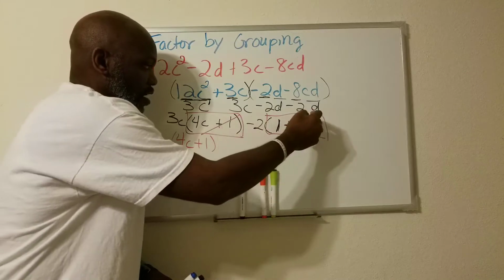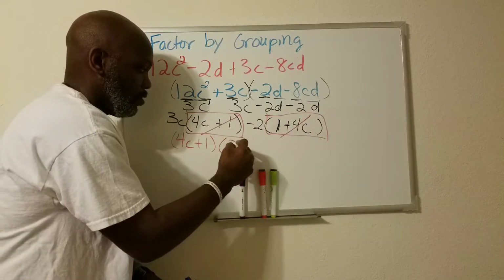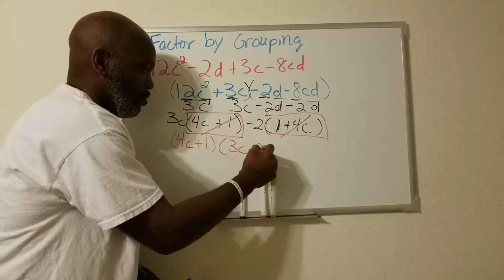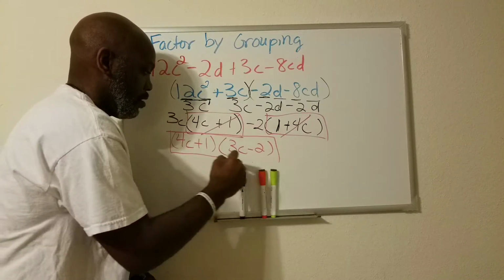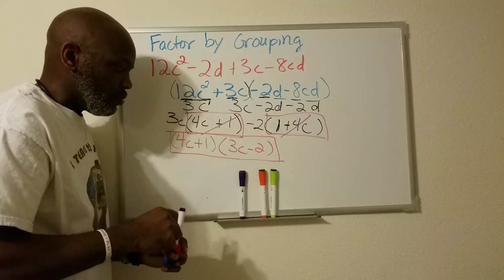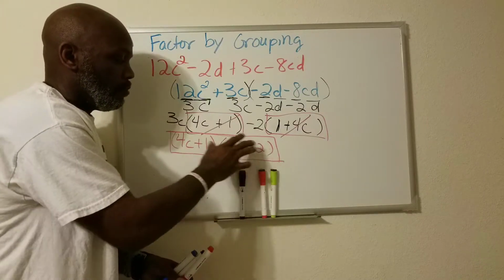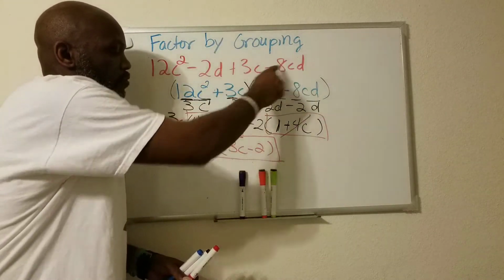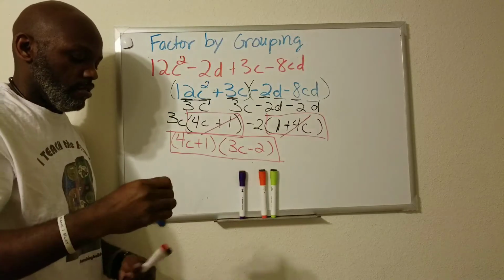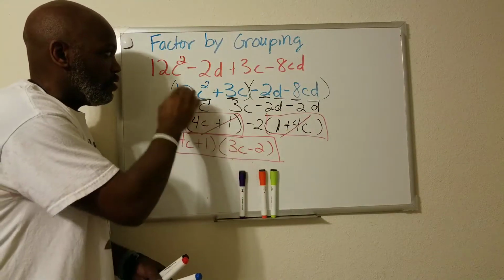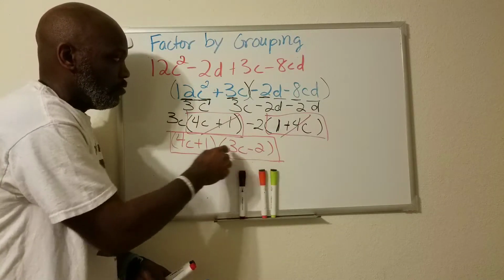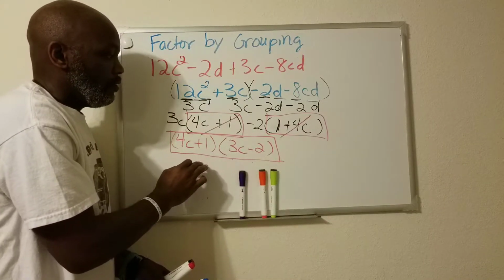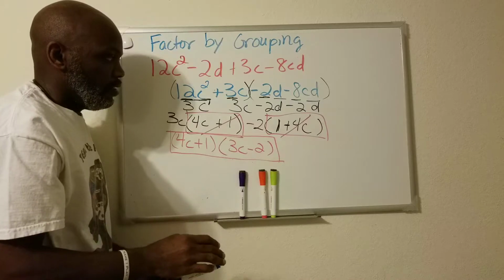That reduces out, and I'm left with 3c minus 2. And that is my answer. And if I was to multiply back together, I would get this polynomial. 4c times 3c is 12c squared. 4c times -2 is -8c.